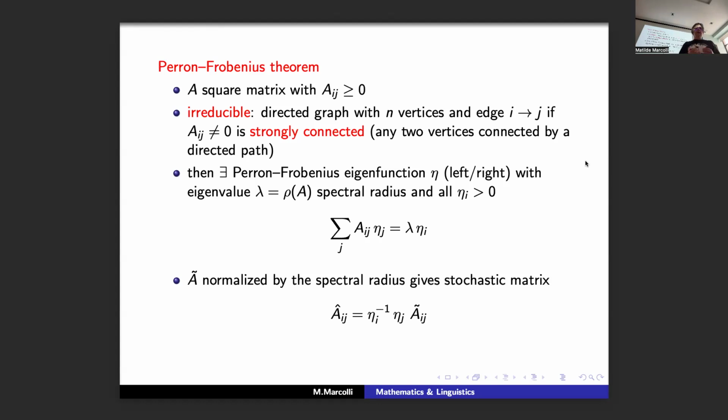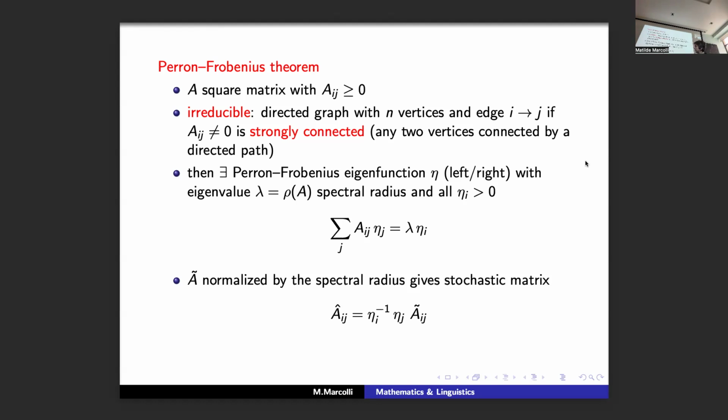So that means that this is an n by n matrix, you can form a graph on n vertices that has a directed edge from i to j whenever you have a non-zero component in this matrix, and if this graph is strongly connected, so given any two vertices there is an oriented path that goes between them, then the Perron-Frobenius theorem applies in the nicer form.